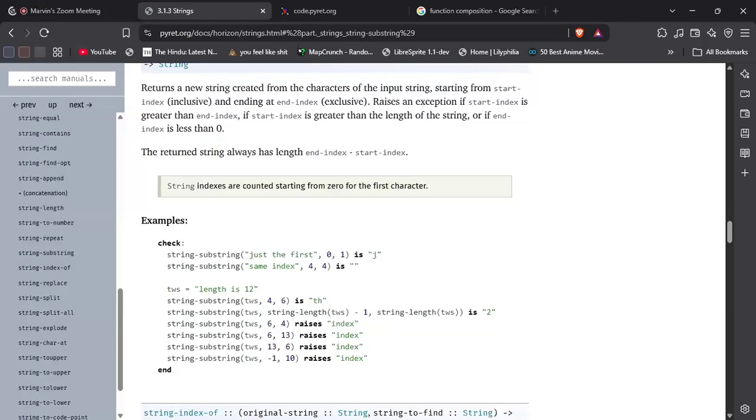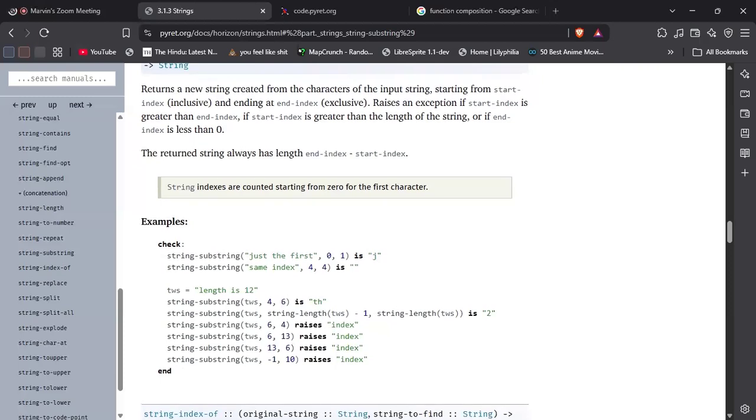Returns a new string created from the characters of the input string, starting from start index inclusive and ending at end index exclusive. Okay, do start index and end index make sense?